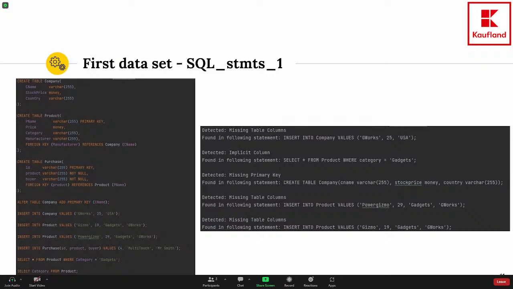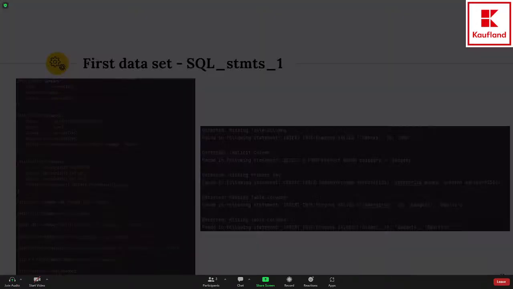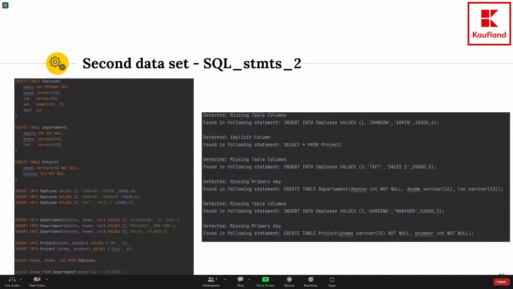One of the students who had to find the primary key SQL code smell mentioned that he was misled by the alter table add primary key statement, so he didn't succeed in finding the primary key SQL code smell. The second dataset is the same, but applied on different tables.